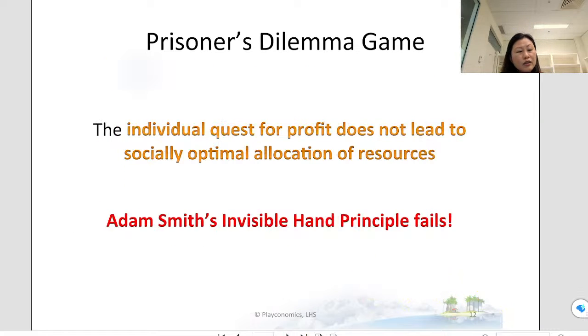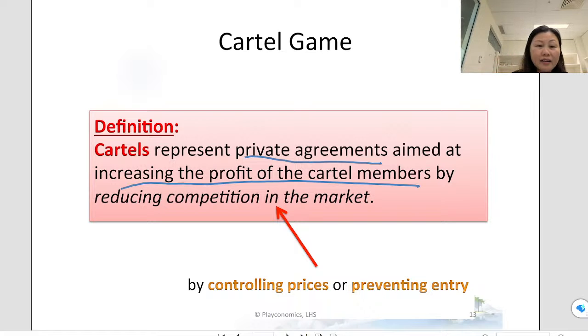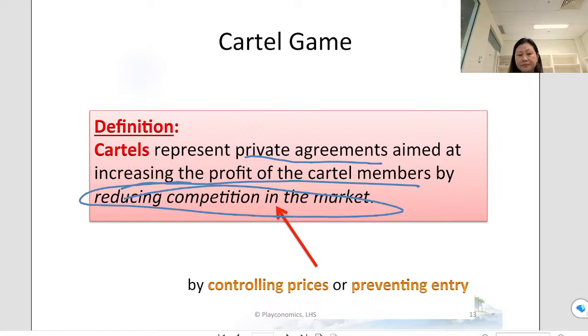Now, let's look at the cartel game. This is a real world example of the prisoner's dilemma in economics. A cartel represents private agreements aimed at increasing profit of the cartel members by reducing competition. We reduce competition by either controlling prices or preventing entry.